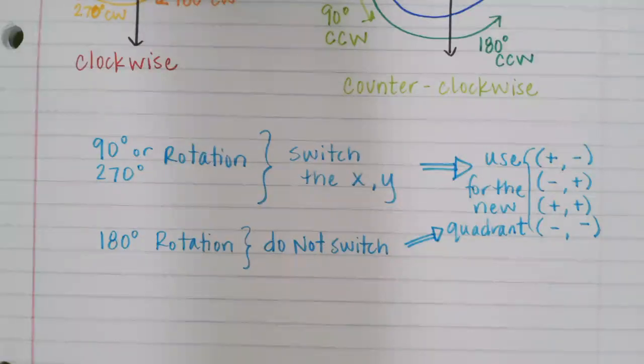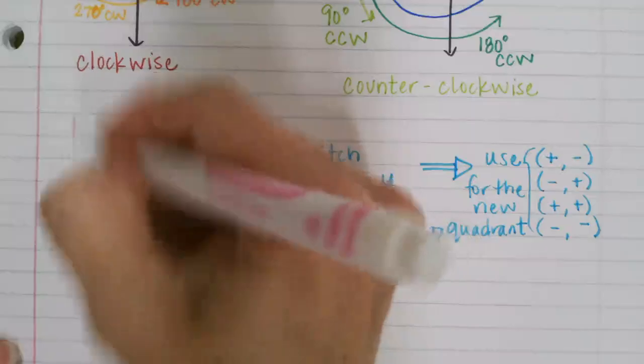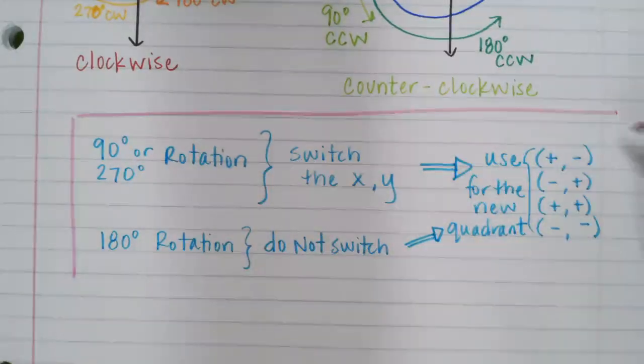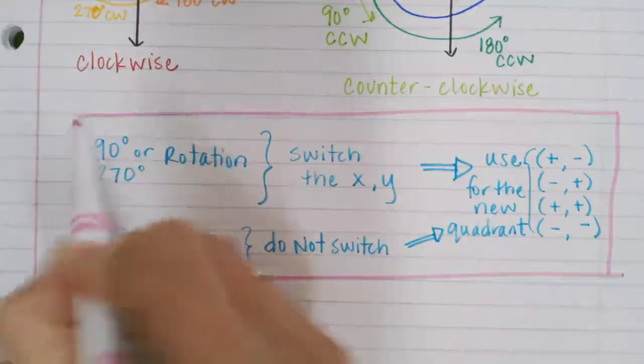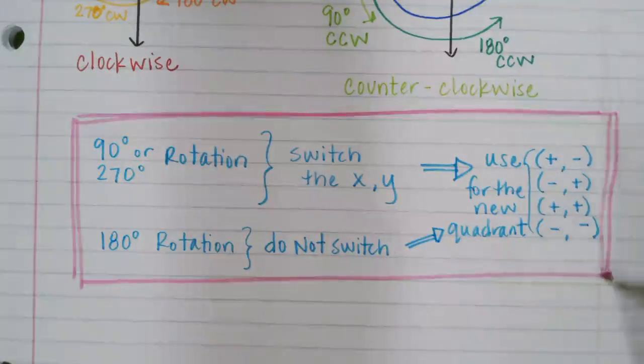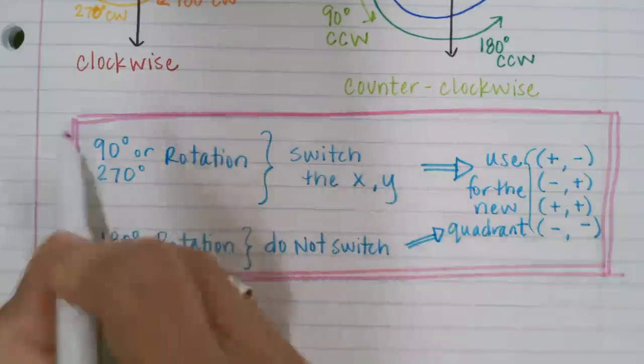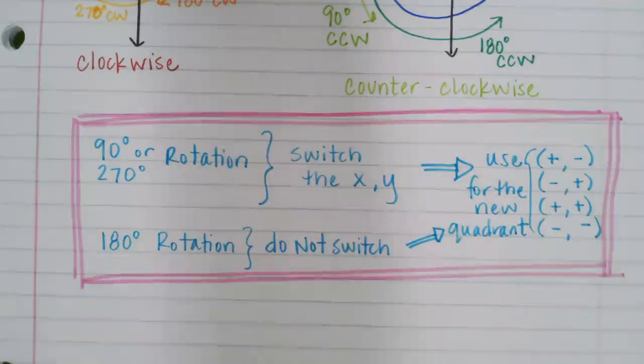All right, so these are our rules. So I'm going to kind of highlight this a little bit here because you'll get a little bit better at this as we keep going. These are major rules for what we're doing.